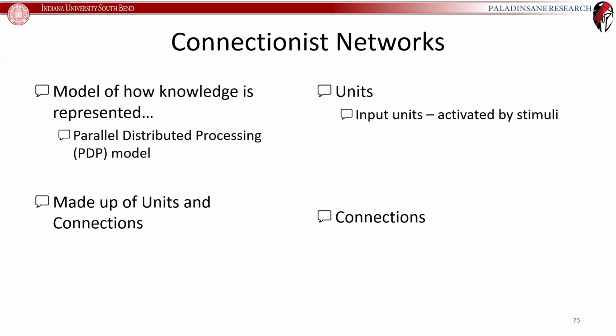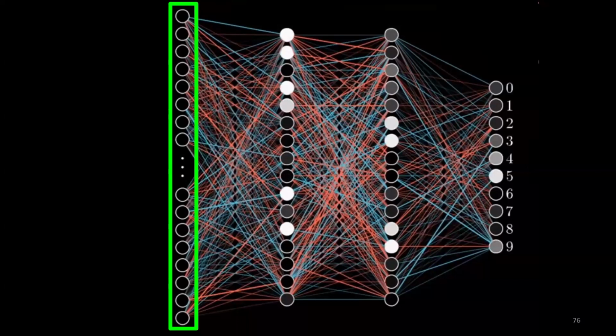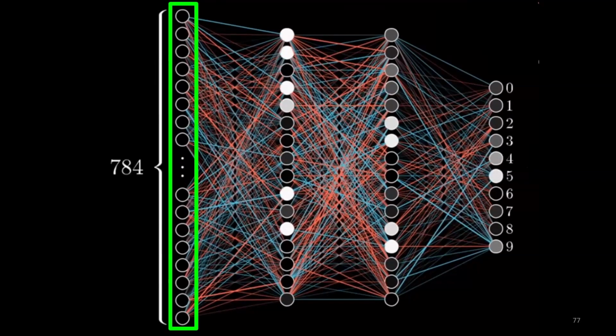So in this model here, the input units are the ones on the left. And in this particular model, there are 784 input units. And the reason that there are 784 input units is because the image that is input into this model is an image that is 28 pixels by 28 pixels.